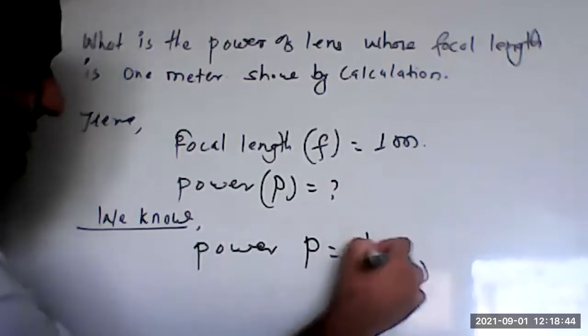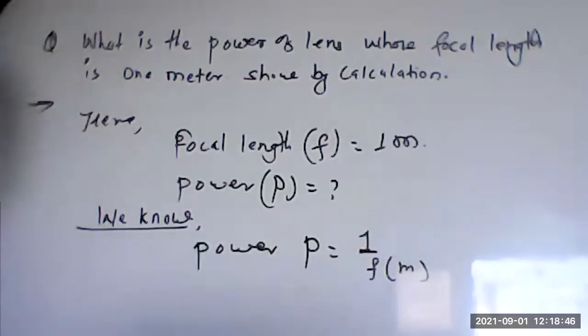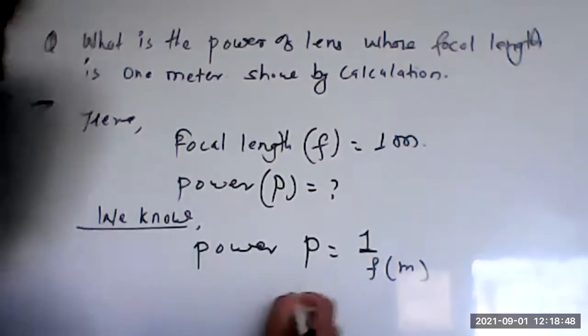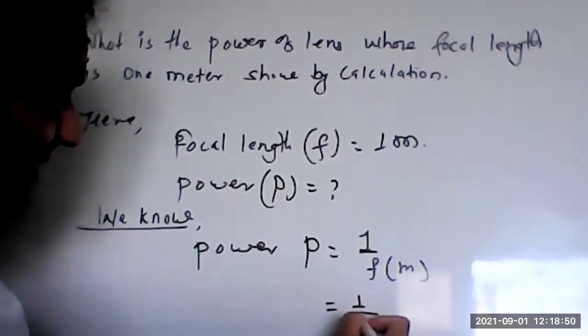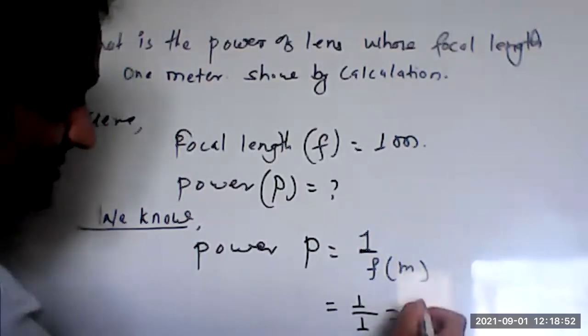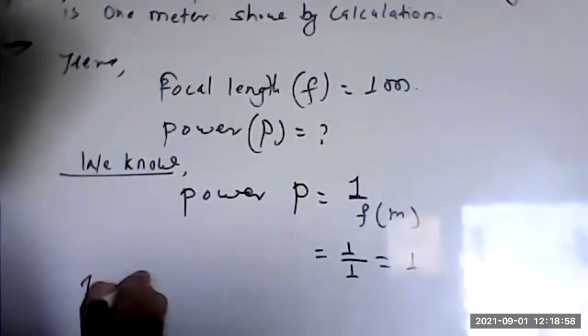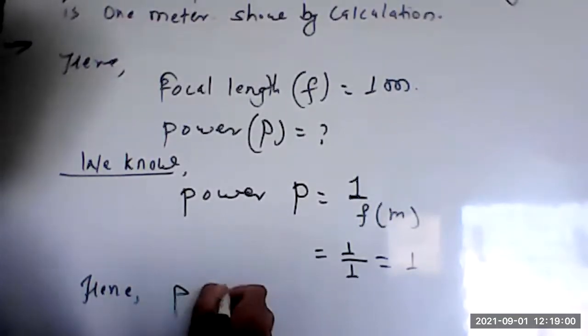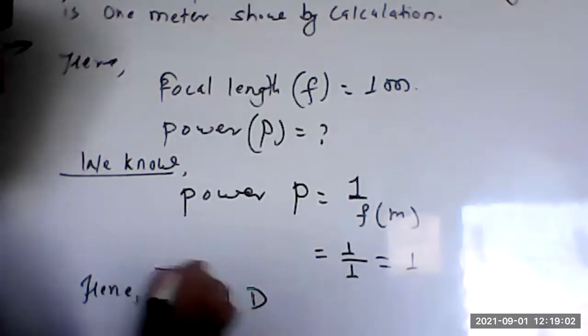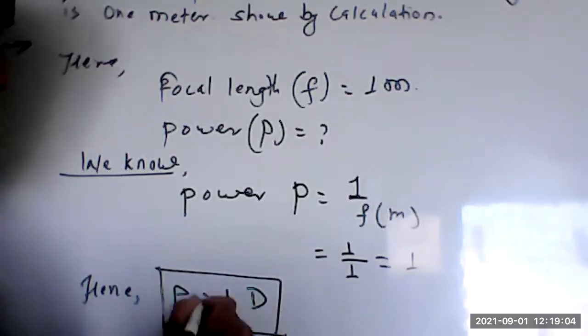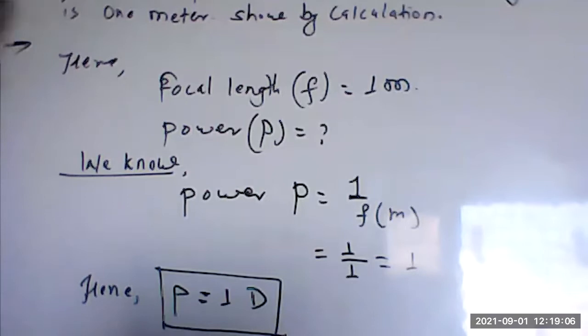F must be written in meter. Already that is given in meter. Okay. So we write here is equals to 1 by 1 is equals to 1 diopter. Hence power P is equals to 1 diopter, D. 1D means 1 diopter. Okay.